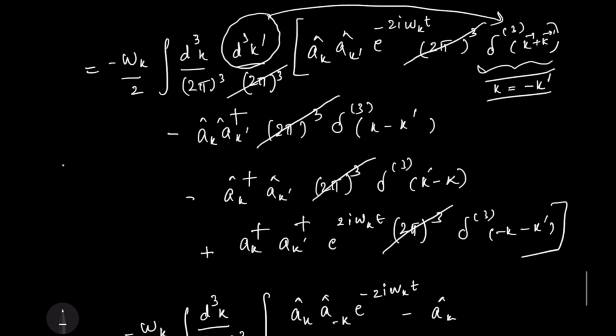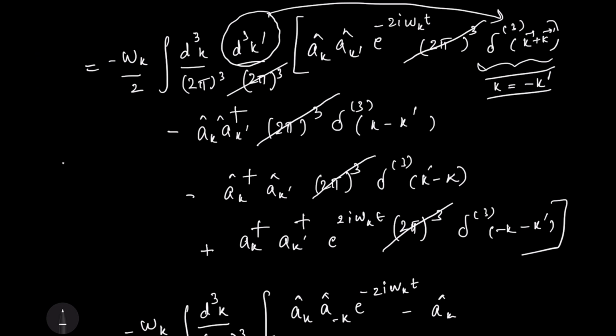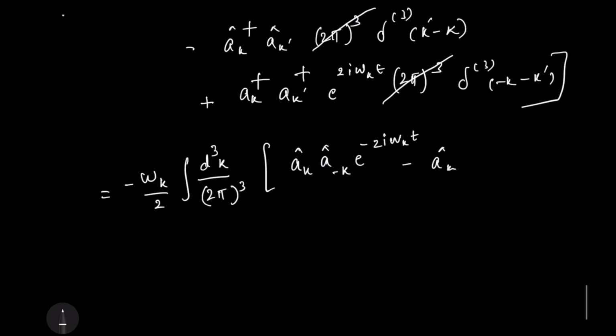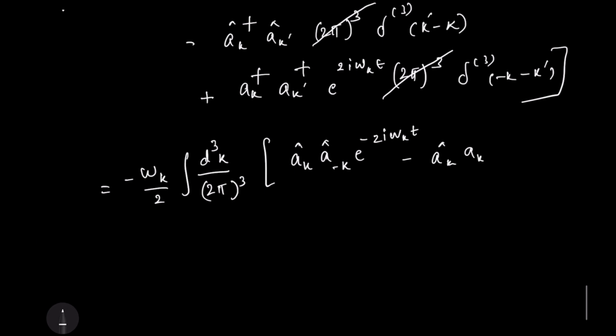And what is the second term here? k equal to k prime, right? Here k equals k prime. Therefore I can write a_k dagger, because k prime is k. Similarly in the next term also k prime is k.